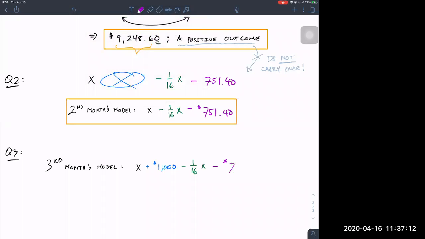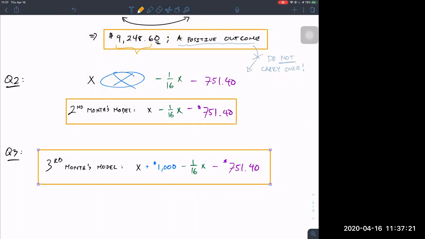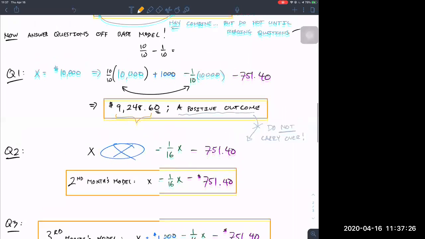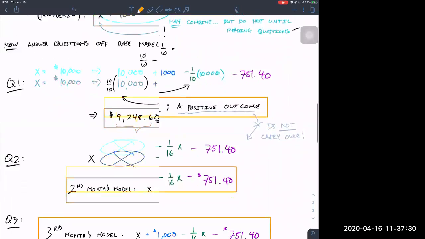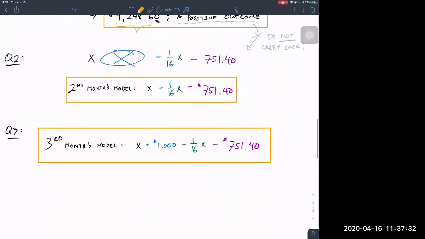And it's the same right here. So we can see that progression: there's the first base model that you created, you got some kind of calculating question, and then the second month's model, third month's model.